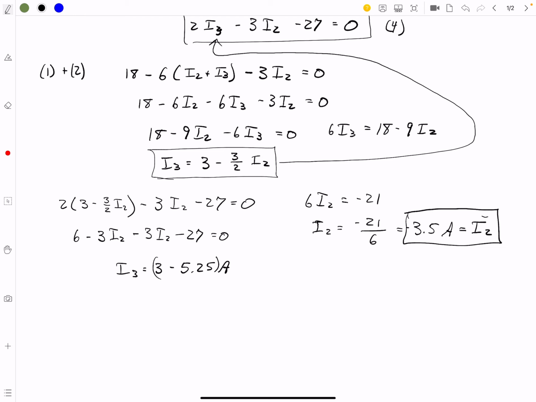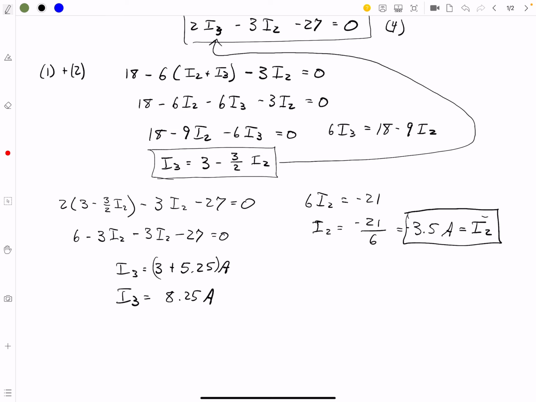Three minus 5.25 amps, but it's minus a minus, so that's really a plus. And so we got the current for I3 correct, and that kind of makes sense. 5.25 plus 3 is 8.25, so 8.25 amps is I3.